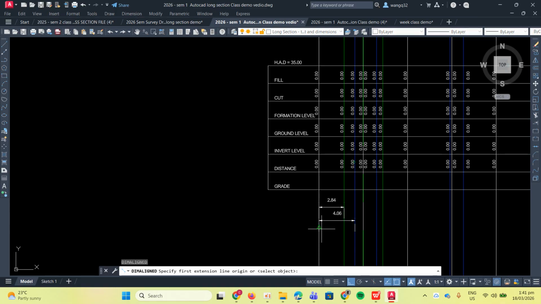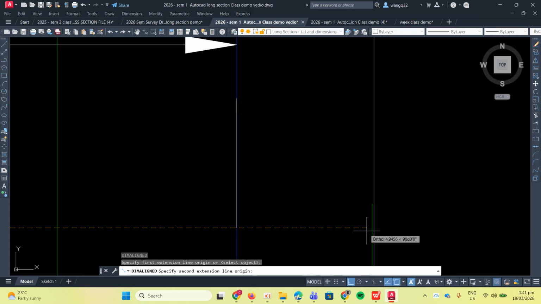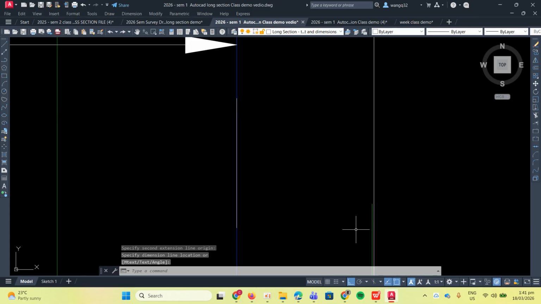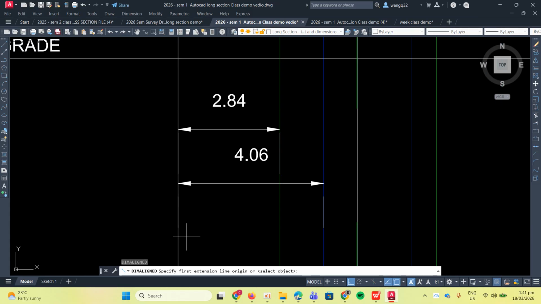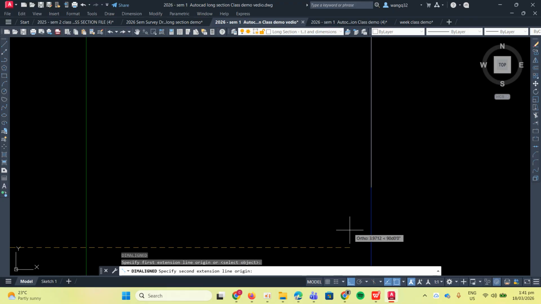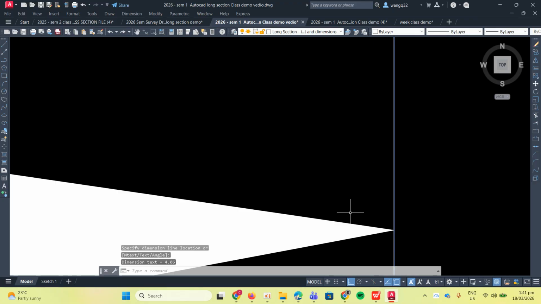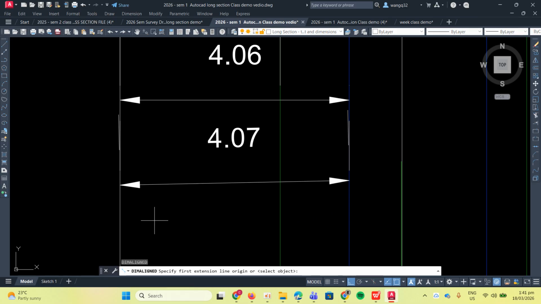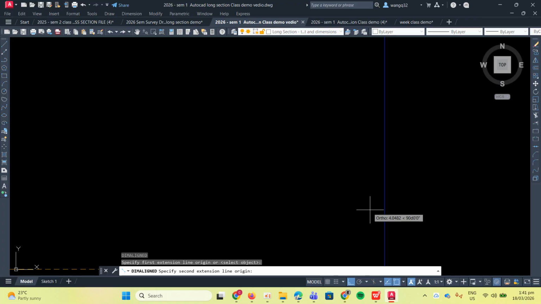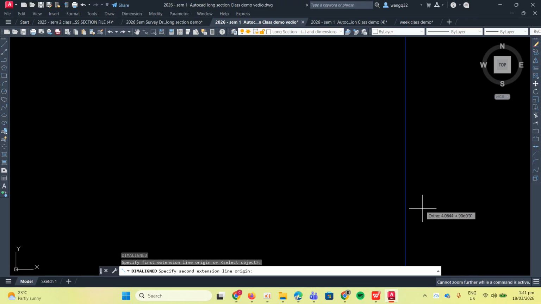And then I need a dimension for that one as well, from here to here. Next one will be from here to the center line of the tree. Oh, it's not there. From here to the center line of the tree. And then after that will be 5-meter intervals.